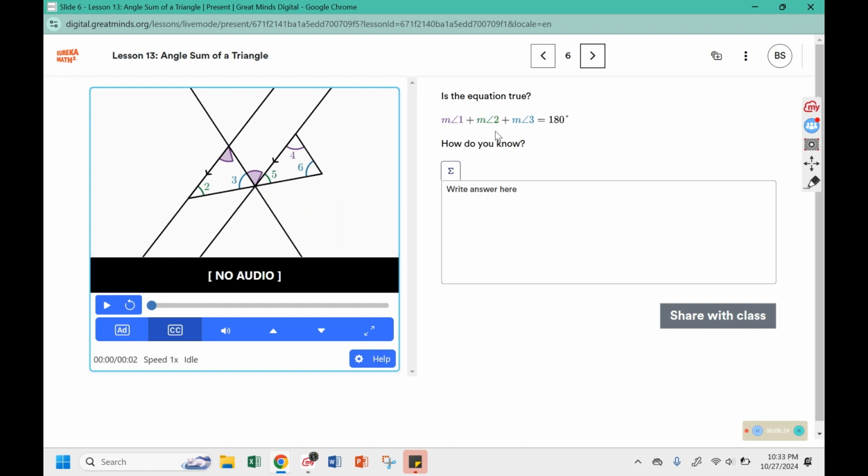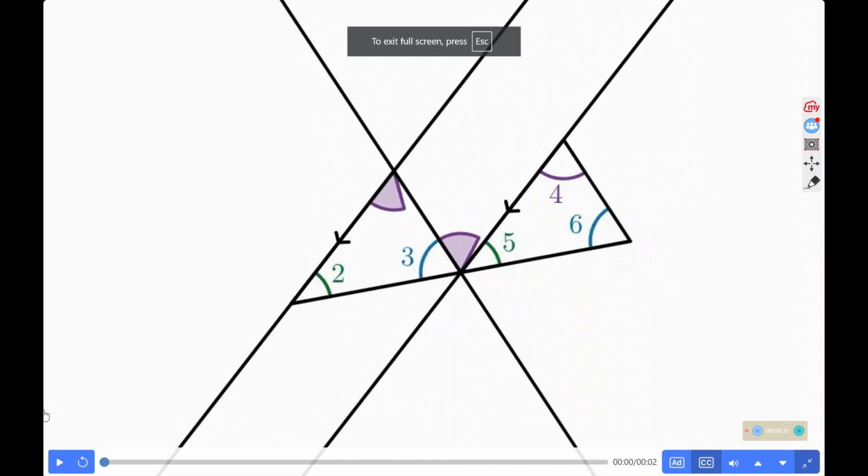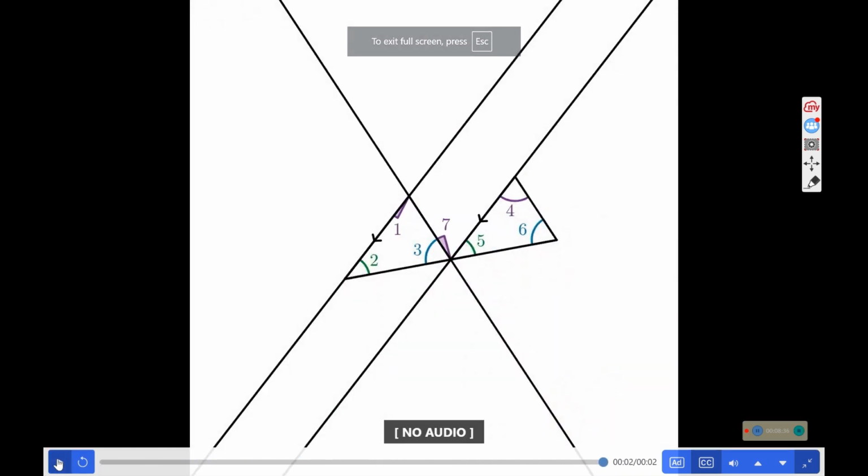Is the equation true? The measure of angle 1 plus the measure of angle 2 plus the measure of angle 3 equals 180 degrees. All right, well, if we continue this video here all the way to the end, there we go. We said that the measure of angle 1 is the same as 7. So this angle and this angle match up.